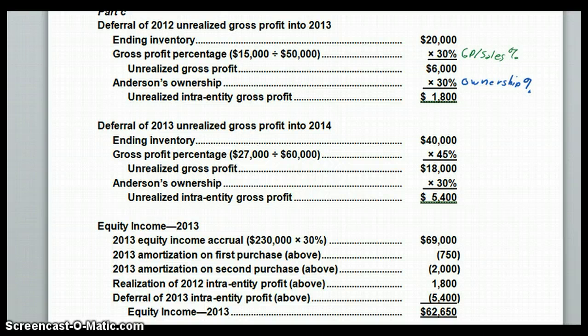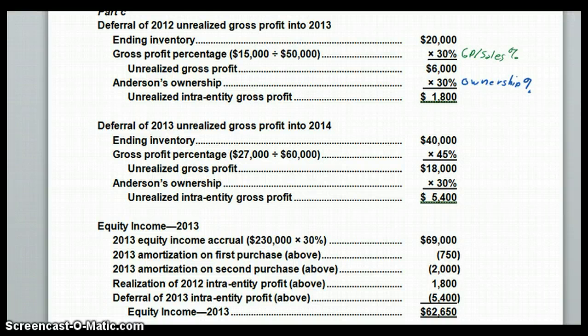At the end of the year, of the $50,000 sold to Behringer, $20,000 is left. So we have to defer the gross profit on the $20,000 left of the $50,000 sale to Behringer. So $20,000 left in inventory.